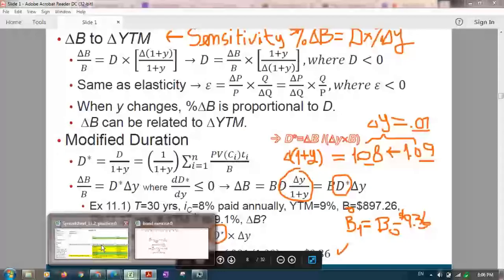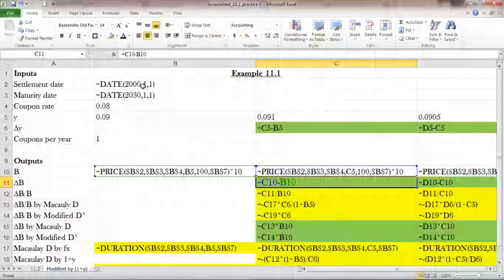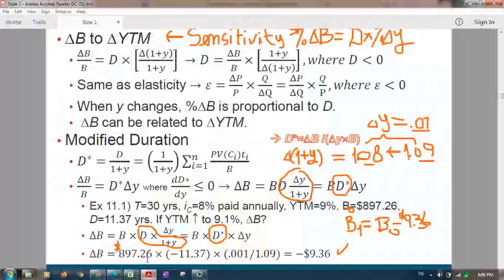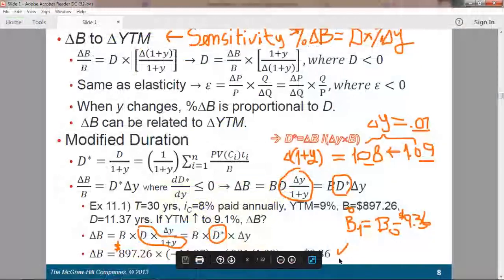So let me put it back to normal view. Macaulay duration 11.3738. That's the duration they gave in this example, 11.37. So the bond price will change by how much? $9.36.